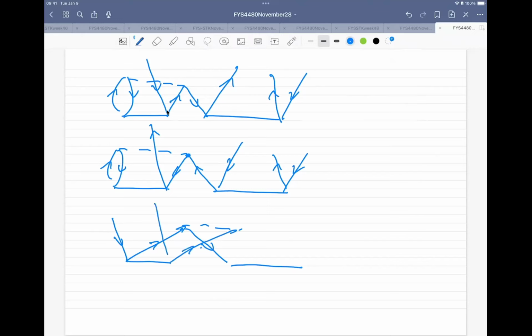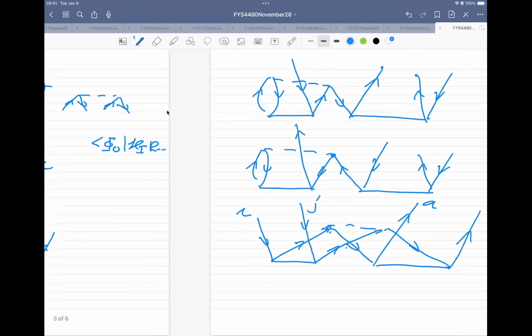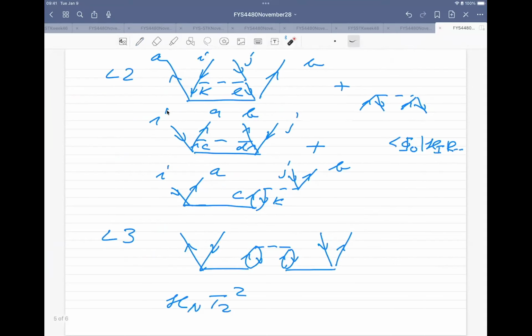And then I have a hole line coming down. So here I have a particle-hole pair. And then I need to have a hole line which goes down here. And then I have a particle line up here and a particle line up here. So you see now again, if I put labels to this, this could be an IJ and then an AB. So these are the diagrams which you get from this specific term.